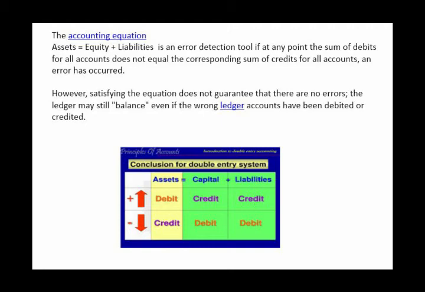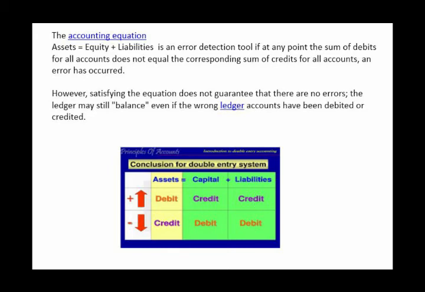Now, there is a confusion. How can we solve this confusion? By having a clear concept of the double entry system. Now students, listen very carefully. When assets are increased, they will always be debited, and when capital or liabilities are increased, they will be credited.